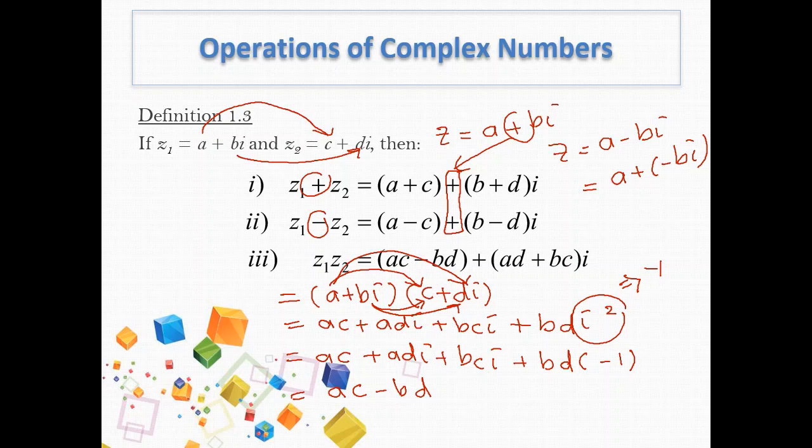The imaginary part is these two, plus I outside the bracket, so this gives you AD plus BC. So that is how you get this equation.